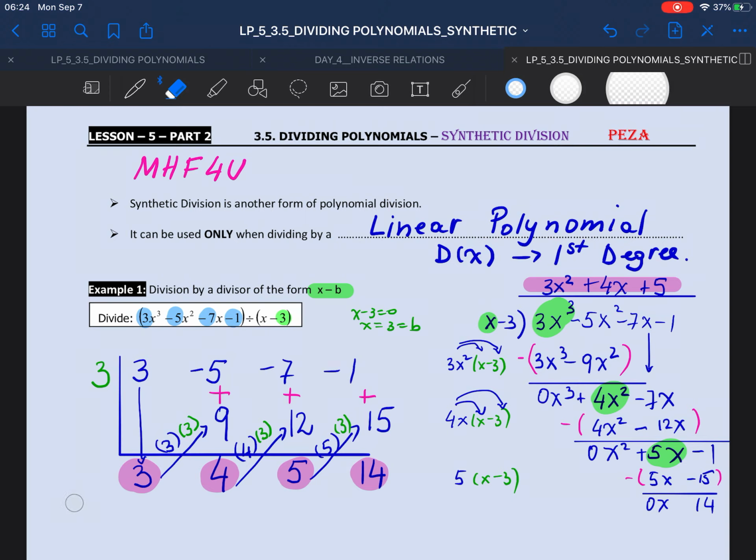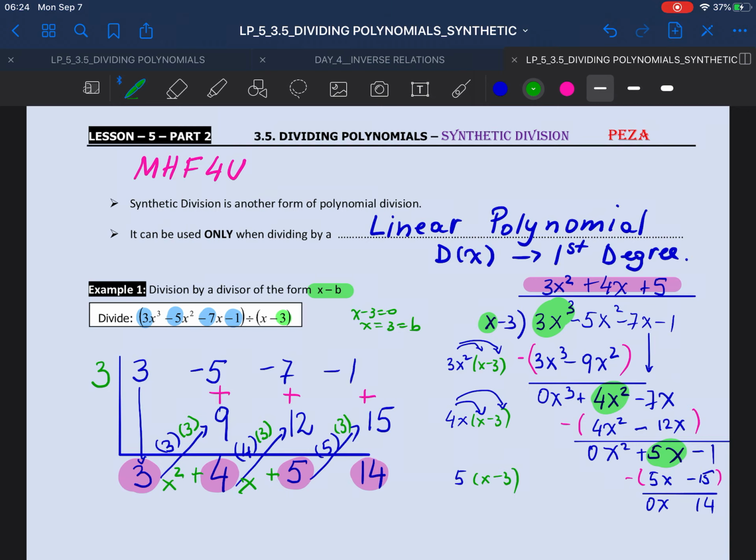And when you get a second degree polynomial, that means the first term here must be your x squared term. This will be your x term, and this will be your x to the power of 0, or the constant term. So in order to figure out your quotient, you just stick the variables accordingly.